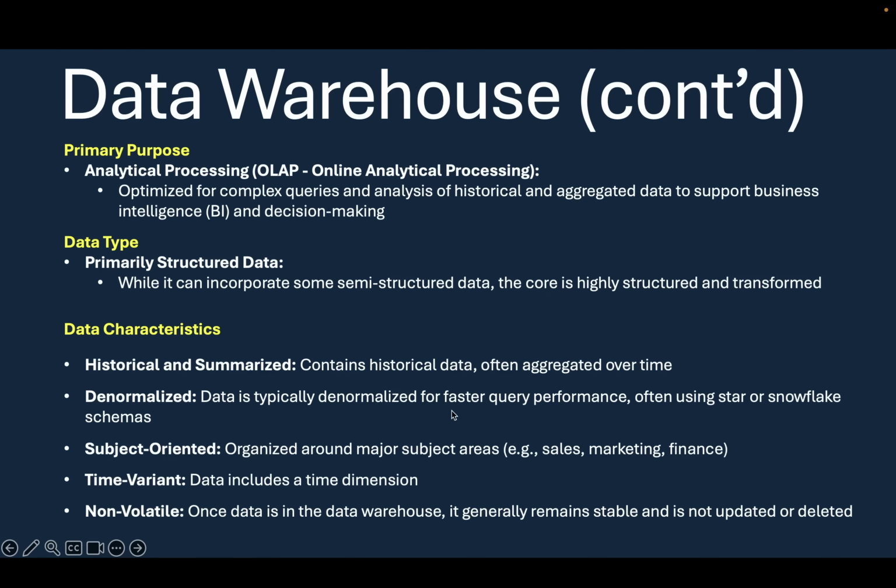So you might end up with a bit of redundant data when you denormalize it, and the reason for this is because we want to make the queries faster. Now think about it this way: if you had your data sitting in different tables and you want to bring that data over to run analytics on top of that, then you have to do a lot of joins.